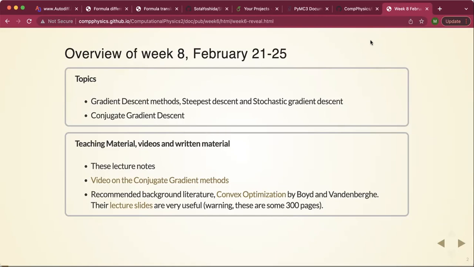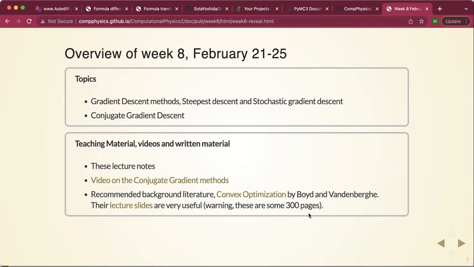As we mentioned last week, there is an excellent textbook by Boyd and Vandenberghe, which is called Convex Optimization. And you will also find it in the list of textbooks which we have in the GitHub address. There's a set of slides, and as I write here, there's something like 300 pages, which essentially gives an overview of the course which is being taught by Boyd and Vandenberghe.